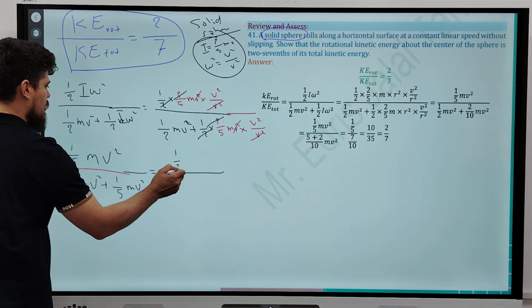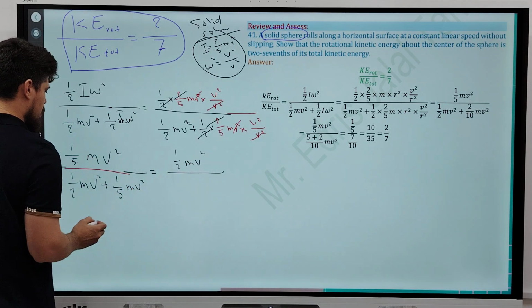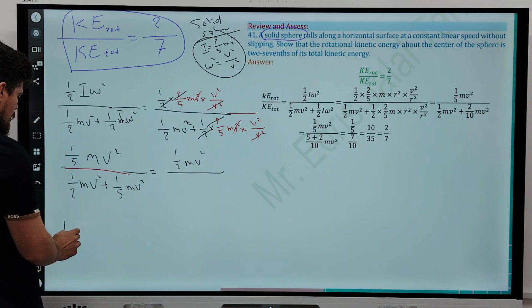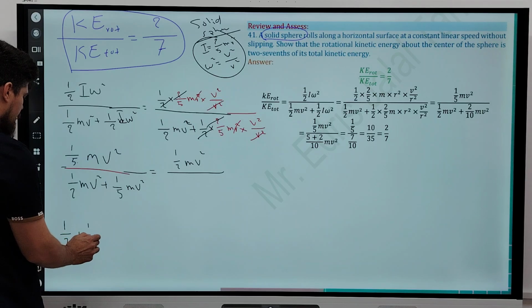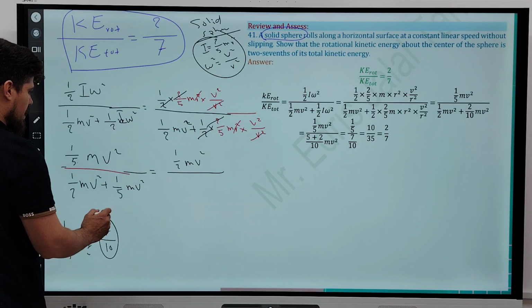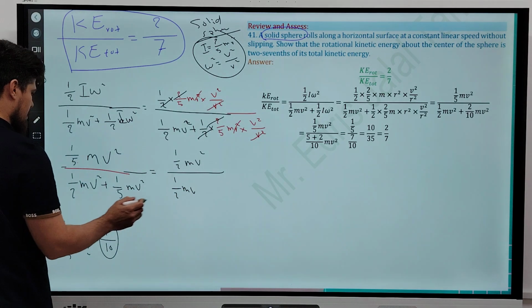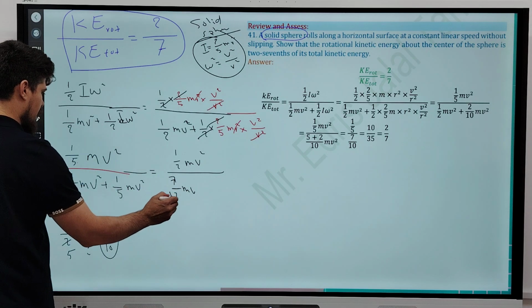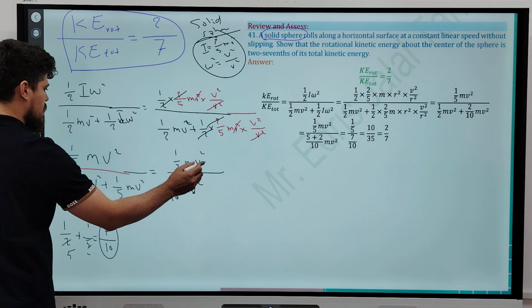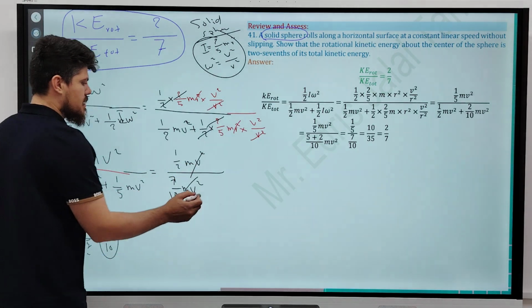Okay, 1/2 plus 1/5, lowest common factor 10, is equal to 7/10. Is equal to 7/10 mv squared. mv squared with mv squared cancel.